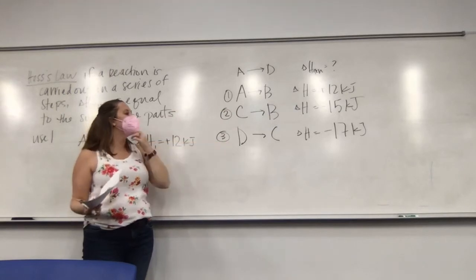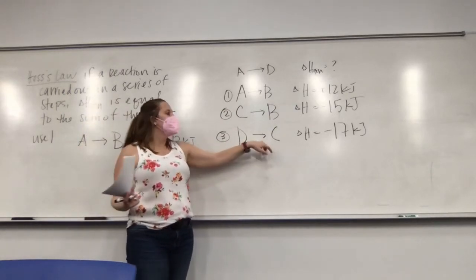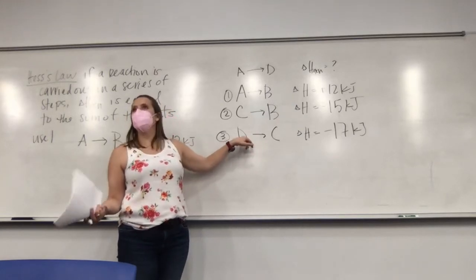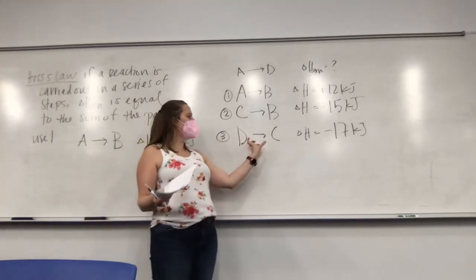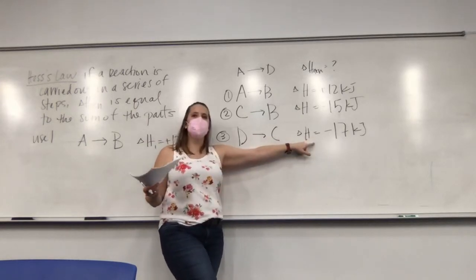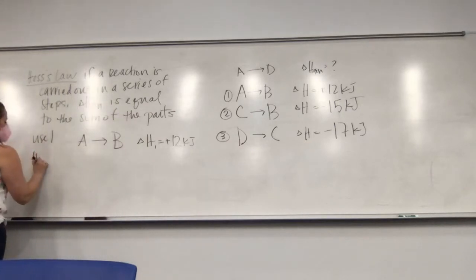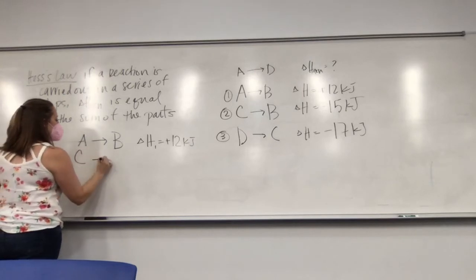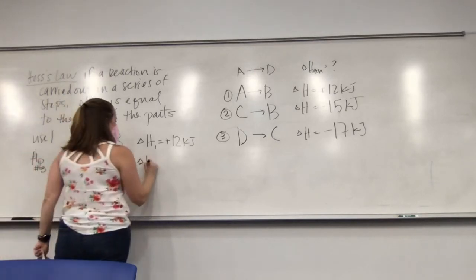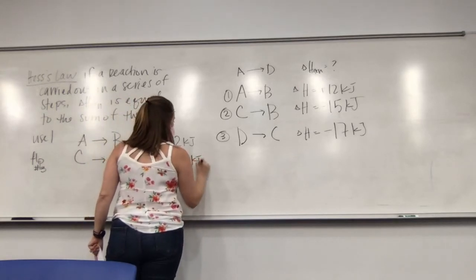For number 3, D goes to C. Well, D needs to be a product, so we can flip this. When we flip the equation, we just need to change the sign on delta H. So we're going to flip number 3 and know that C goes to D. So delta H3 is now equal to plus 17 kilojoules.